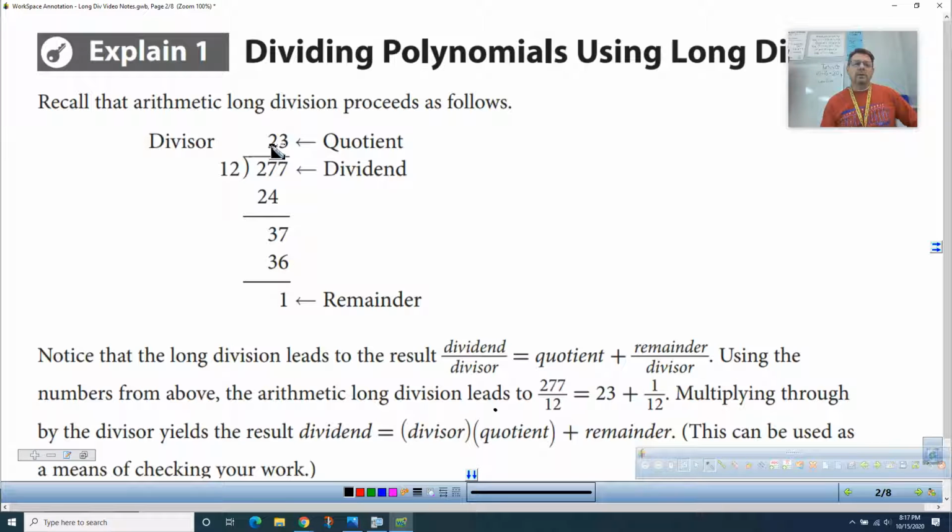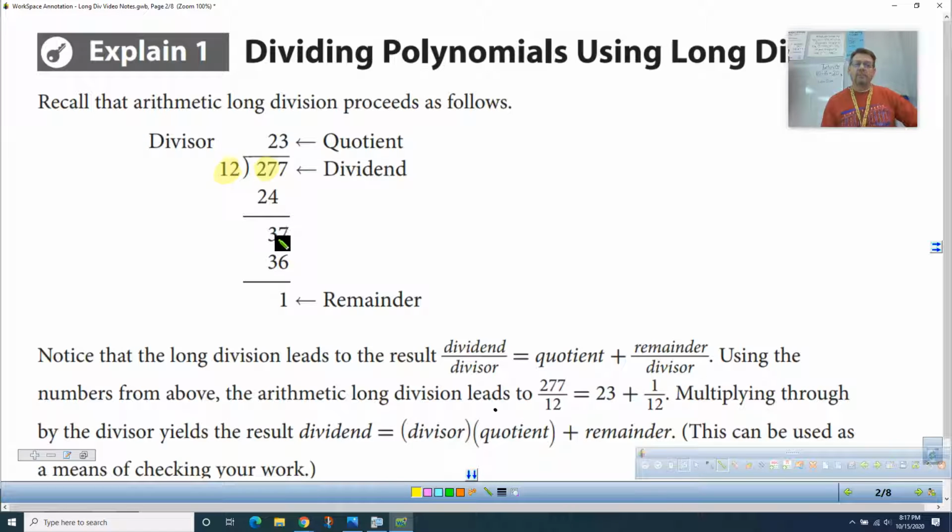The first thing we did, we looked at 27, because we didn't do the whole thing at once. We just looked at 27 and 12. How many times does 12 go into 27? Two times, which is 24. Can we go any bigger? No, so that's why we chose 2. We did 2 times 12, got 24, subtracted, and got a 3.